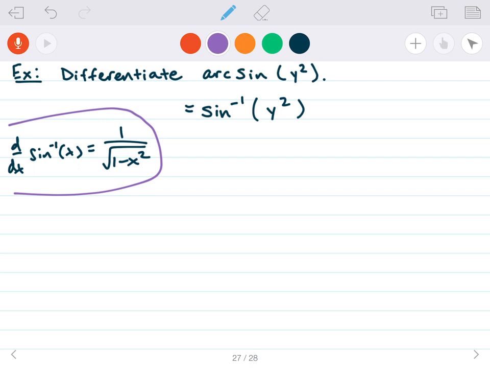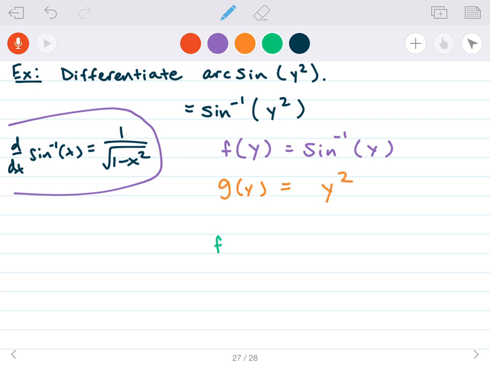And we need to use the chain rule because we have a function, sine inverse, on the outside and a function on the inside, y squared. Okay, so our outer function, since our variable is y, I'm just going to use that, is just sine inverse of y. What are we plugging in? Well, our inner function is just going to be y squared.